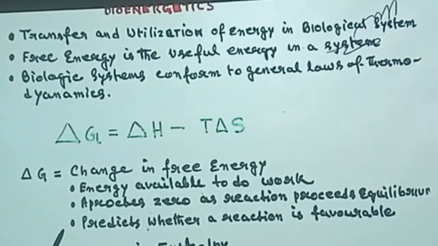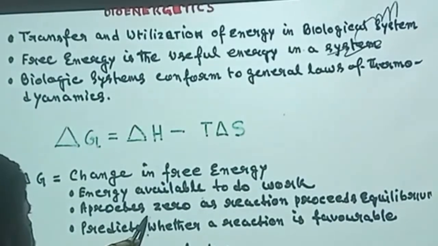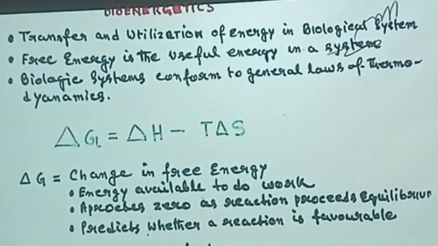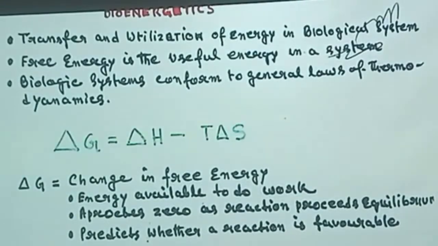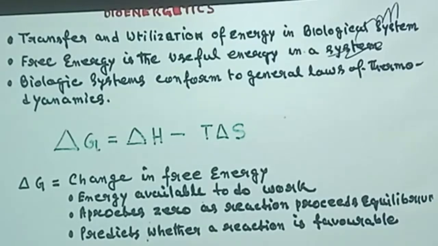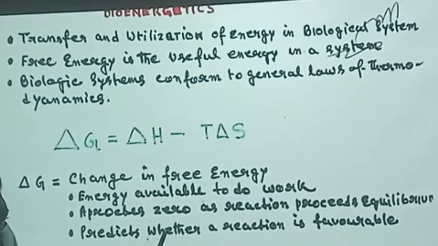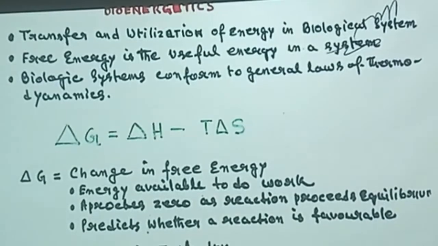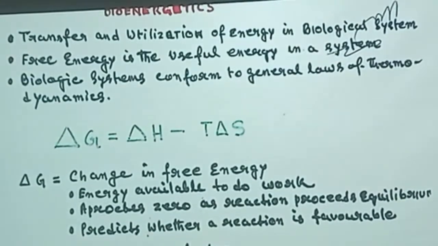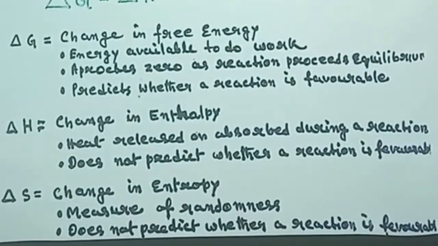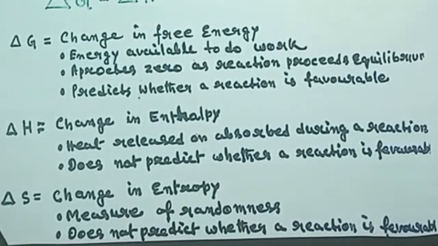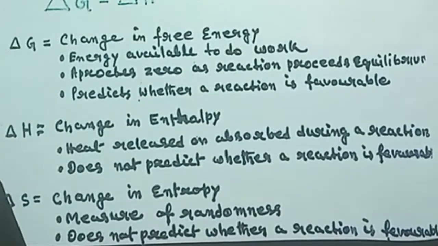It approaches zero as the reaction proceeds to equilibrium. When the reaction is in equilibrium, that means no further forward reaction is carrying out, it approaches zero and predicts whether a reaction is favorable or not. So if delta G is not negative, the reaction will never go forward, never be spontaneous. So for all reactions to happen, delta G should be negative.